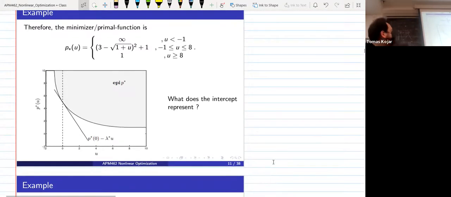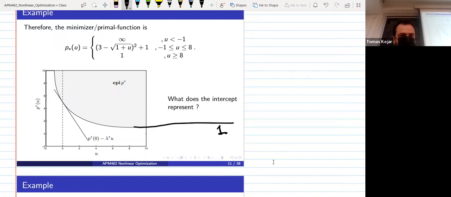The moment you hit 8, you become 1, constant 1. And the moment you hit -1, which is not even in the picture, you blow up to plus infinity. Okay? So this is the primal function.